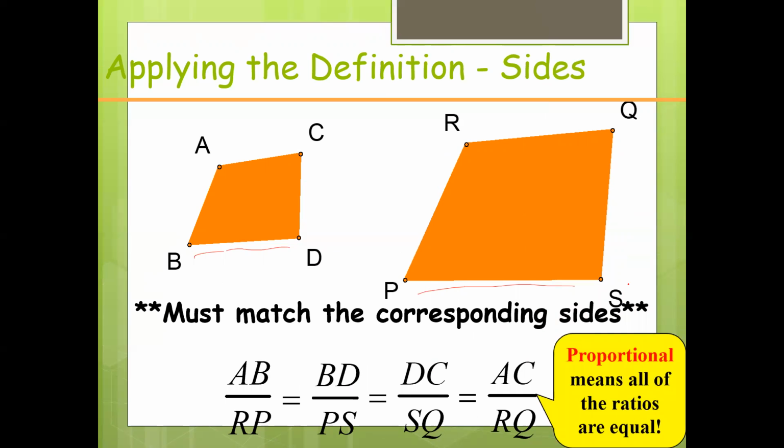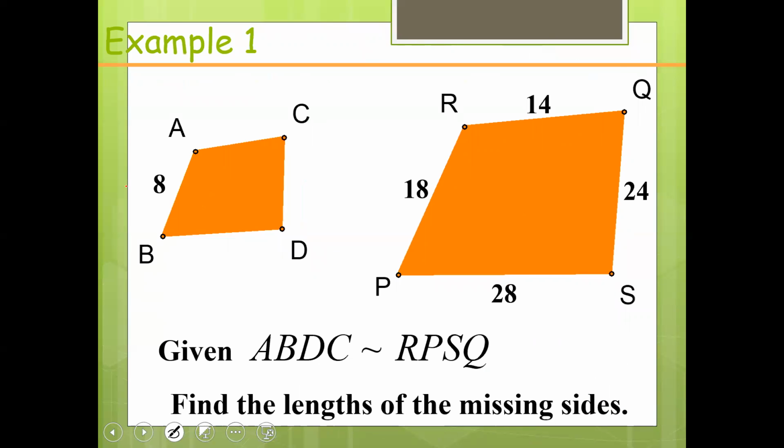So proportional means all the ratios are equal. So you check that too. If they are all equal, and their corresponding angles are the same, then this is an example of a similar triangle or similar polygon. So for example, given quadrilateral ABDC and quadrilateral RPSQ, find the lengths of the missing sides.